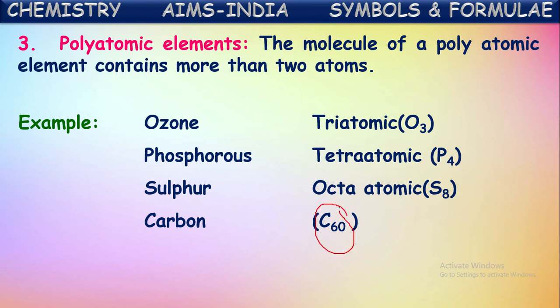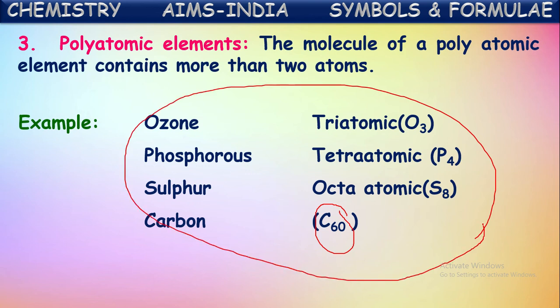We are going to learn this in the higher classes. Here, in the molecules of this carbon, there are around 60 to 120 atoms of carbon. So these are all together considered as polyatomic elements. The elements in which the molecules contain more than two atoms combined together are called polyatomic elements.